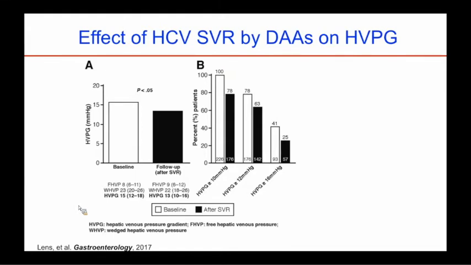But the other way to look at this, which is fascinating, is that 36 patients out of this group no longer had clinically significant portal hypertension, even though they had an HVPG of greater than 16. It looks like as the portal pressure goes up, the percent that have a reduction increases.